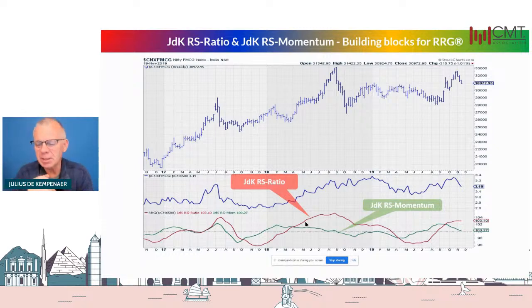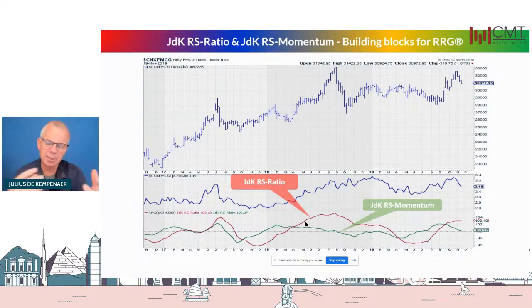And that became the RS momentum, because the RS ratio is a trend measure for relative strength. And as I told you before, with relative strength, you can use all the tools in your toolbox as a technical analyst. And rate of change, momentum, is a leading indicator. And I started to play around with rate of change.